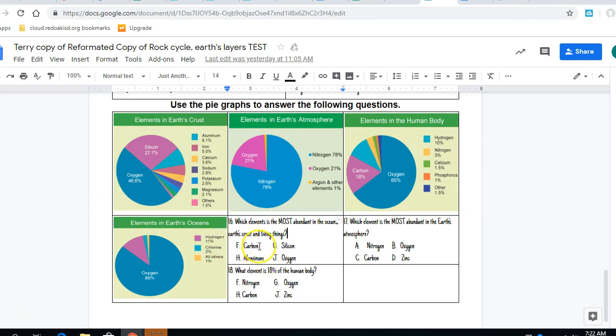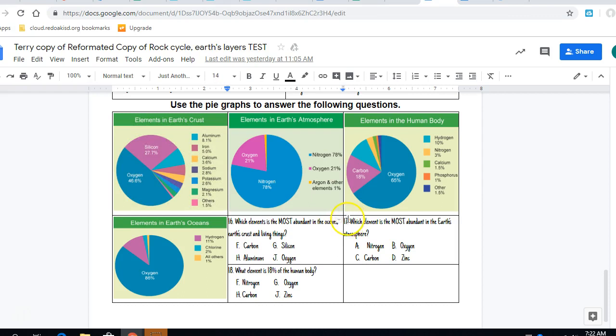Is it F, carbon, G, silicon, H, aluminum, J, oxygen? So one more time, we're talking about this pie chart, and this pie chart. What element is the most abundant? Which means, what do we have the most of?